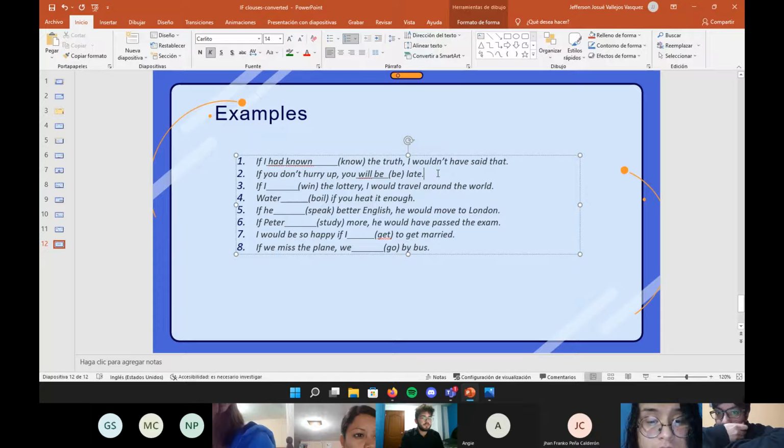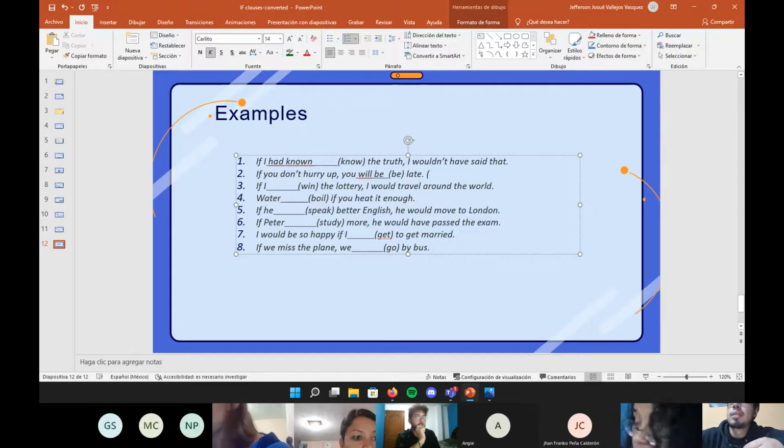And what is this? What conditional is that? First. Okay, first. This is first conditional.